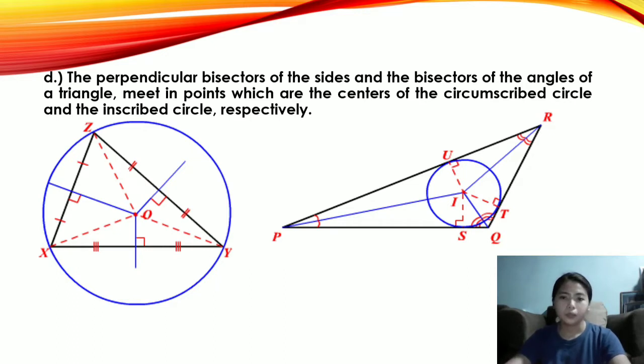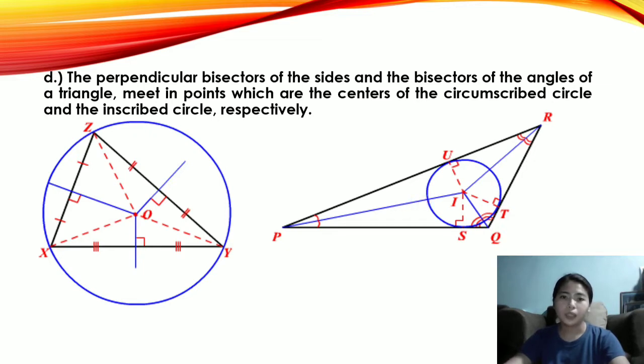So we have another illustration. So the angle bisector of a triangle is a straight line that divides the angle into two congruent angles.